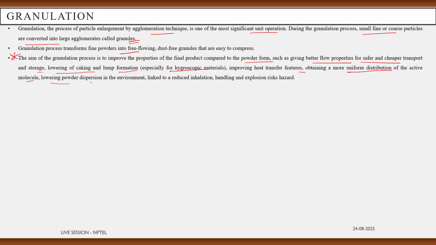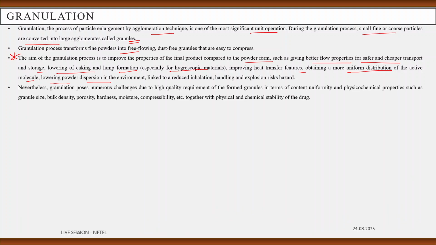It also lowers powder dispersion into the environment, so they minimize the risks or health hazards in the environment, and the handling issues are also improved.